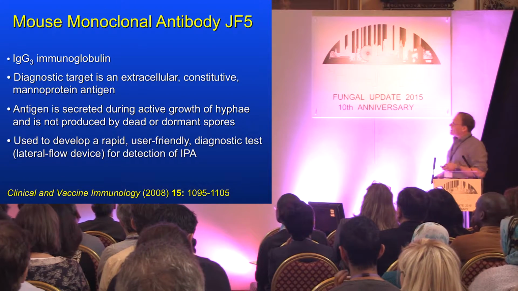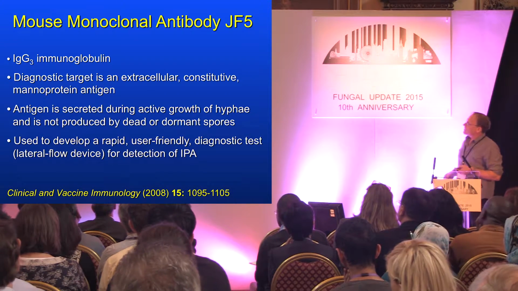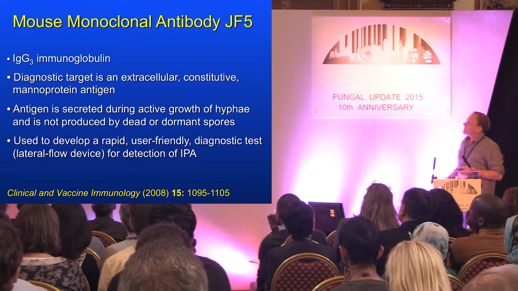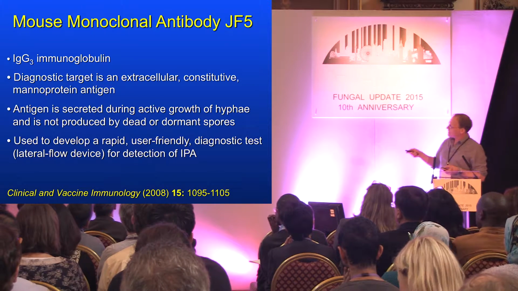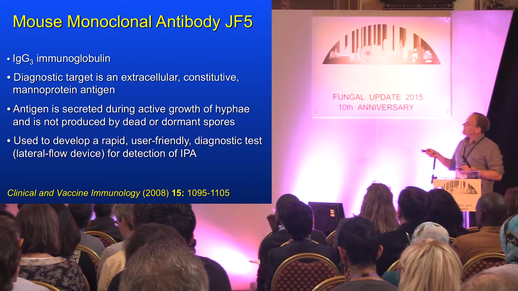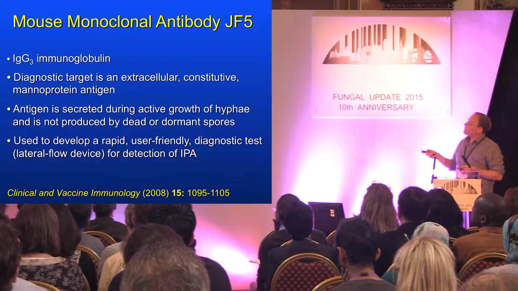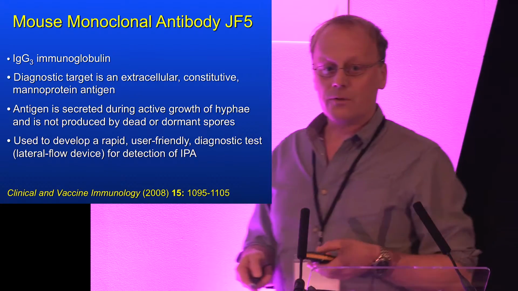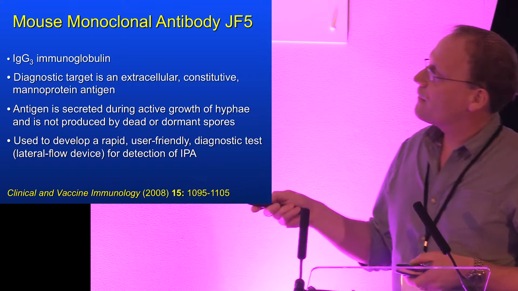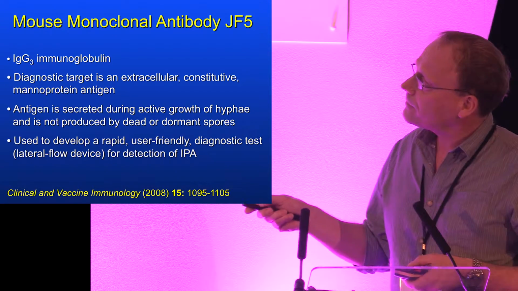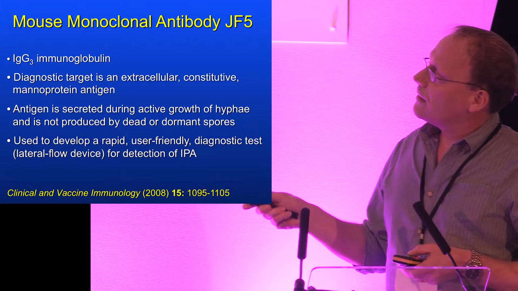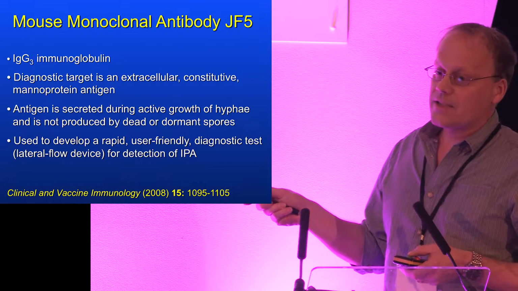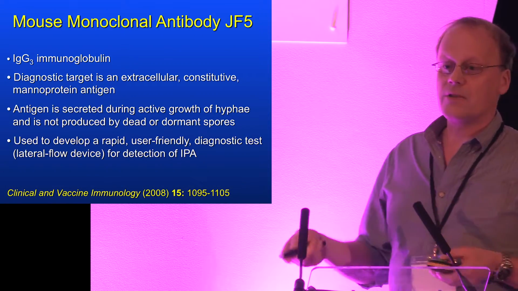So I set out some time ago to develop alternative diagnostics for invasive pulmonary aspergillosis and screened many hybridoma cell lines. I came up with a single cell line producing a useful monoclonal antibody, JF5, that's an IgG3, and what's great is it recognises an extracellular constitutive mannoprotein antigen.